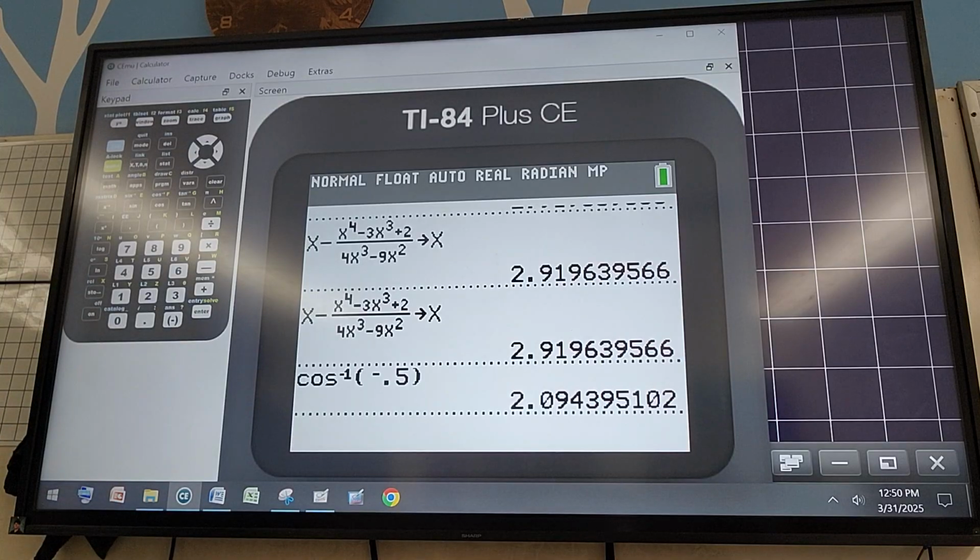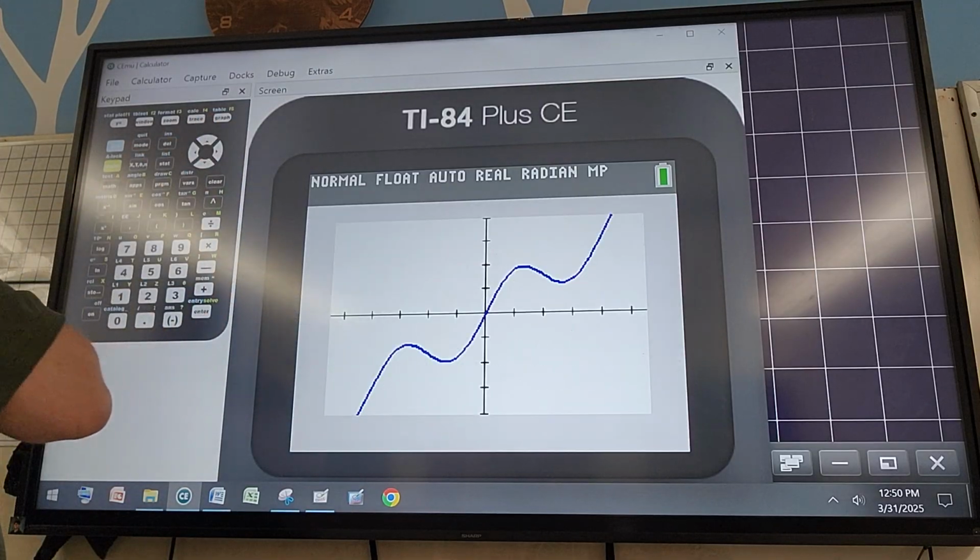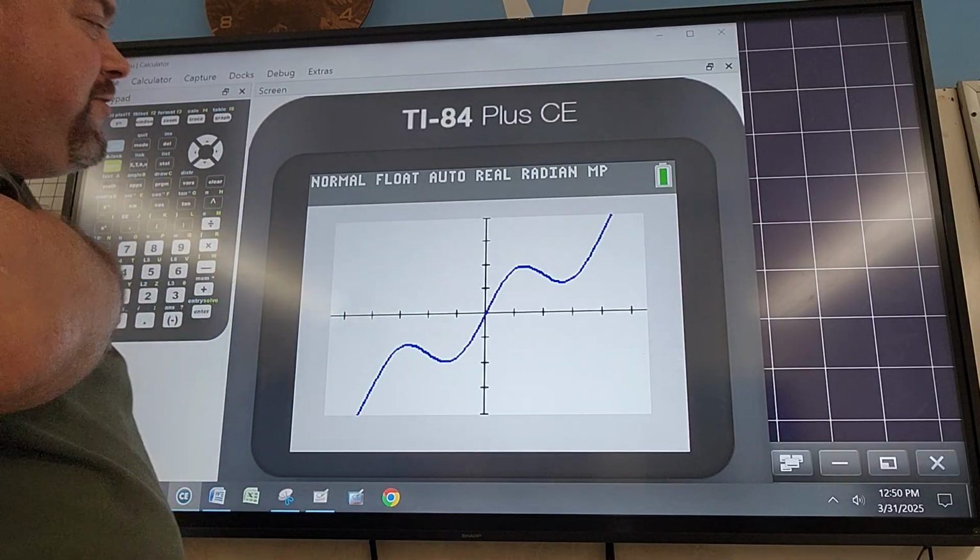That's one value. What's the other value? What was our initial value again? It was sine, and then it was 0.5x.